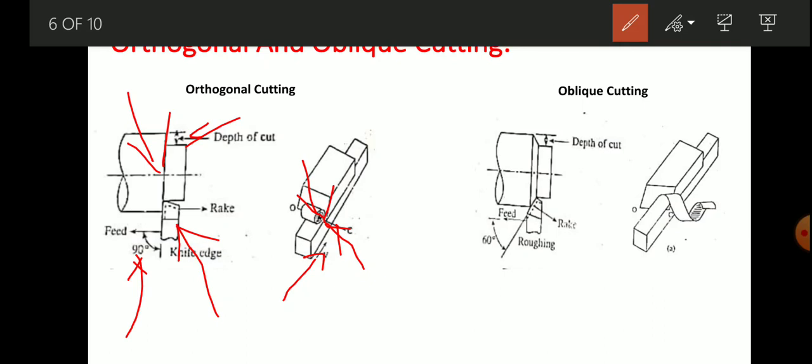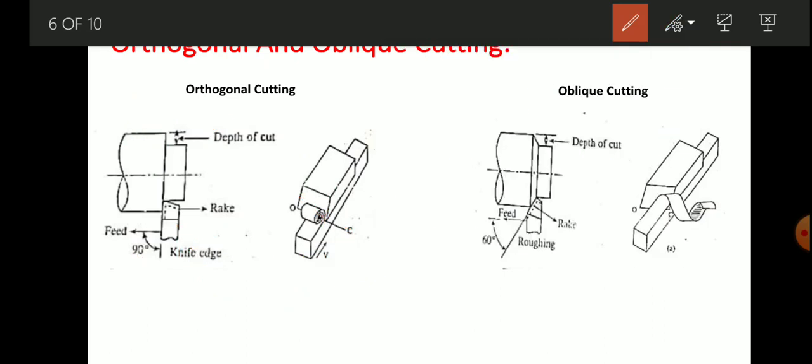Therefore, heat produced per unit area due to friction between the tool and the workpiece is high. In this process, the tool has a shorter life. This type of cutting process is mainly used for operations such as knife turning, broaching, shaping and slotting. This was about orthogonal cutting.